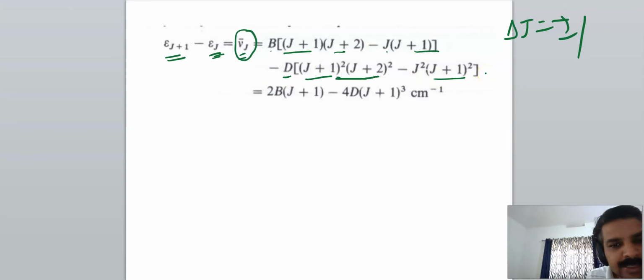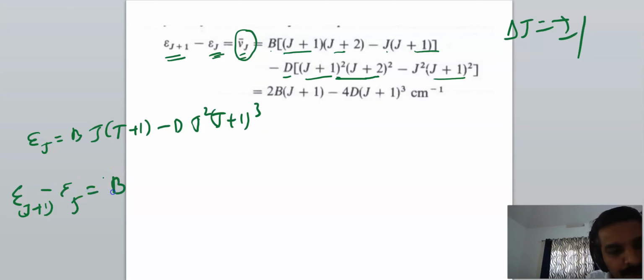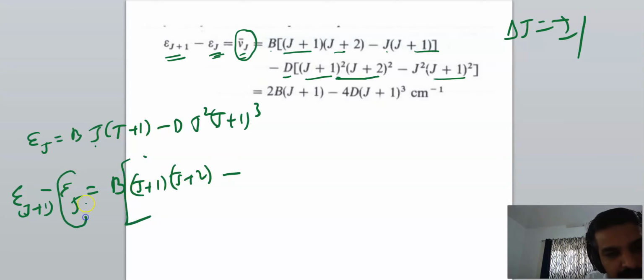I think you are clear on it. Our equation was this: epsilon J is equal to B into J into J plus 1 minus D into J square into J plus 1 the whole square. Therefore, epsilon J plus 1 minus epsilon J is equal to B into, for J we substitute J plus 1, so J plus 1 into J plus 1 plus 1, that is J plus 2, minus epsilon J, that is J into J plus 1.